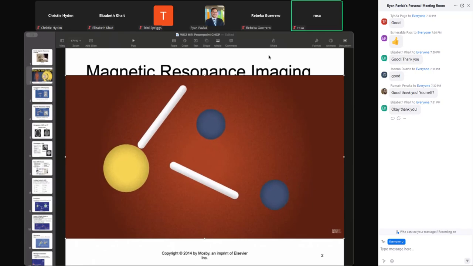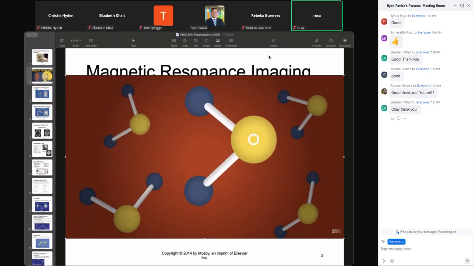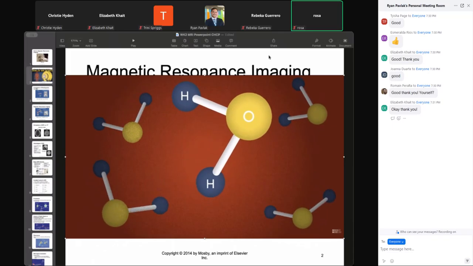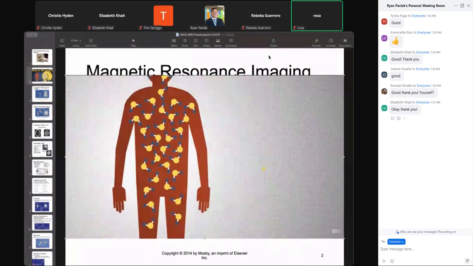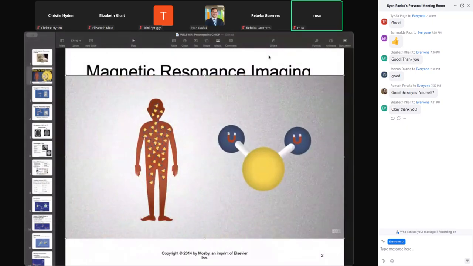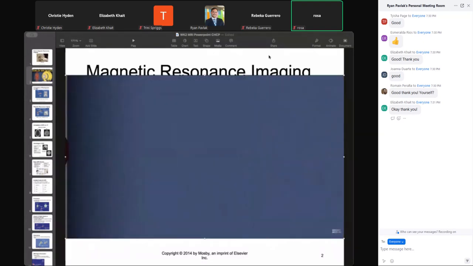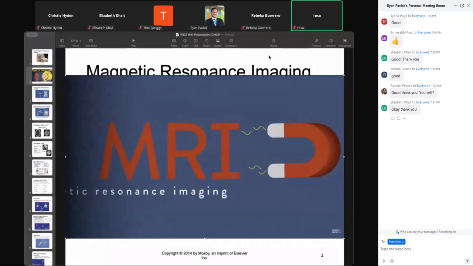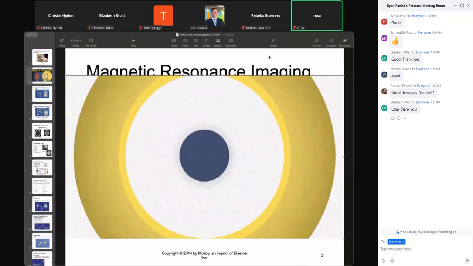Each of the billions of water molecules inside us consists of an oxygen atom bonded to 2 hydrogen atoms. We know it as H2O. Small parts of the hydrogen atoms act as tiny magnets and are very sensitive to magnetic fields. MRI stands for magnetic resonance imaging, and an MRI scanner is one of the main diagnostic tools that doctors use to examine inside our bodies.